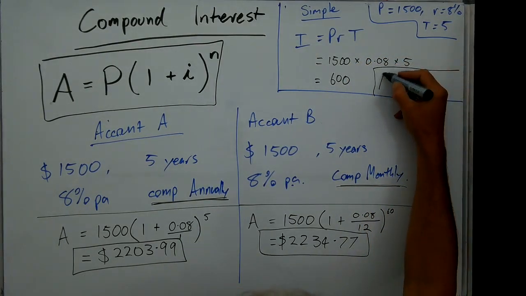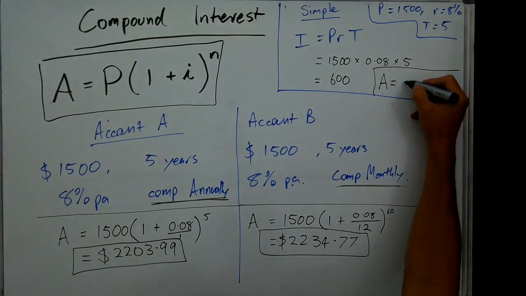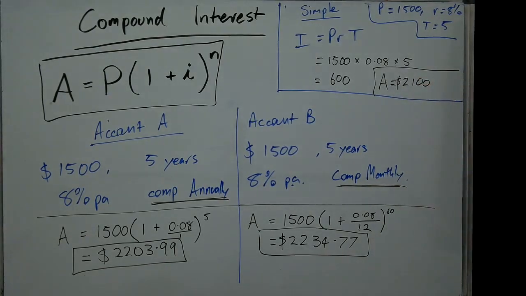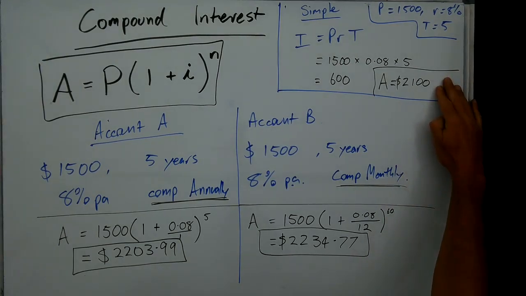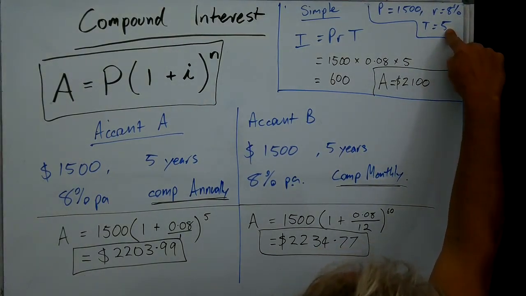So the amount in the account, I'm just going to write it like this, is those two added together, and it's just $2,100.